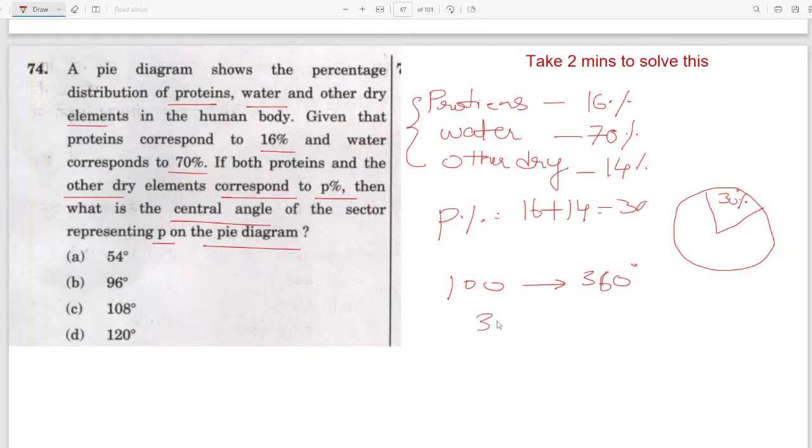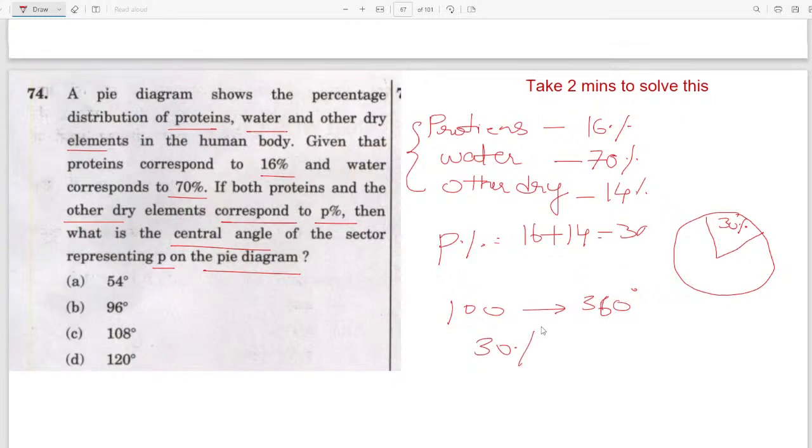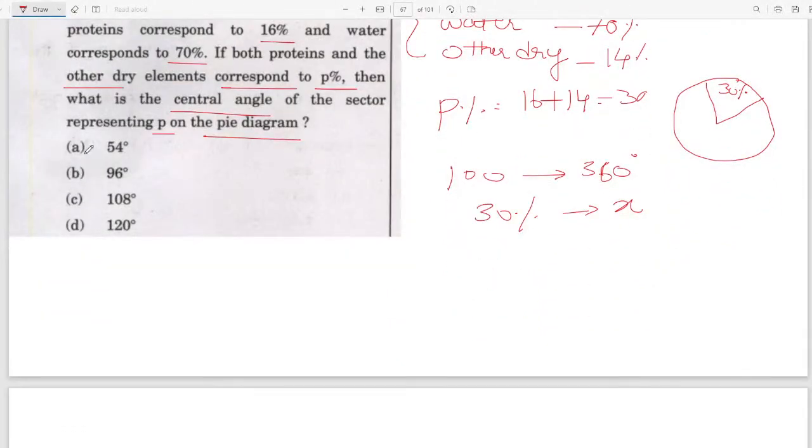So 30% would correspond to x. And if you cross multiply, x into 100 is equal to 30 into 360.